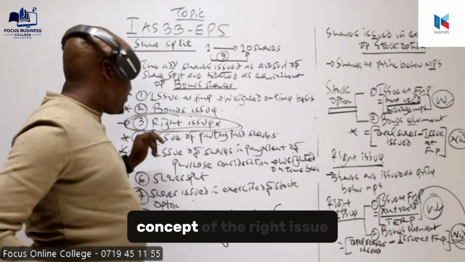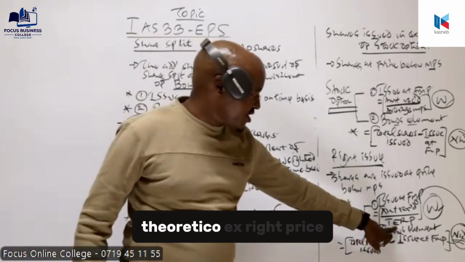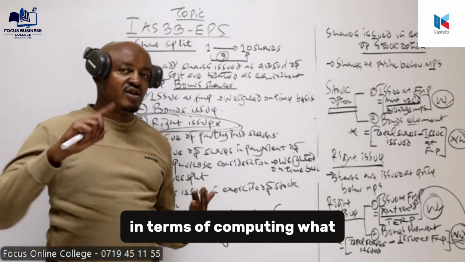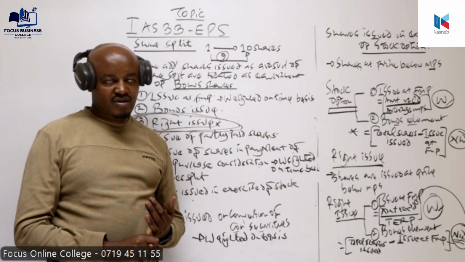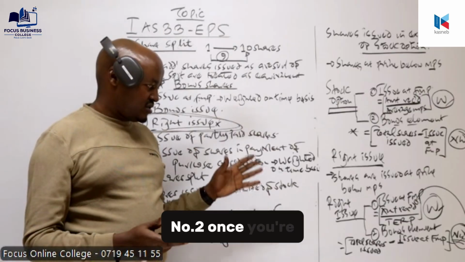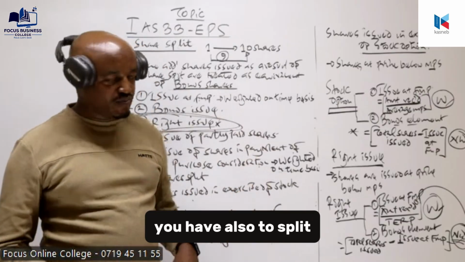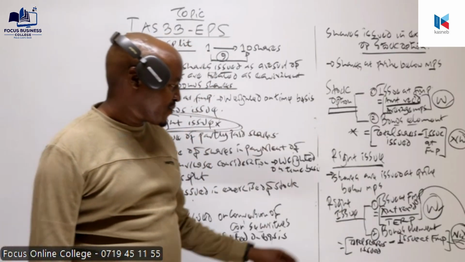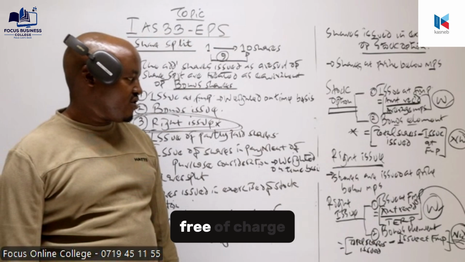Once you're given a right issue, you have to compute the theoretical ex-right price. Majority of the students have a problem computing the theoretical ex-right price. Number two, once you're given a right issue, you also have to split those shares into two components: the shares issued at full market price and the shares issued free of charge.